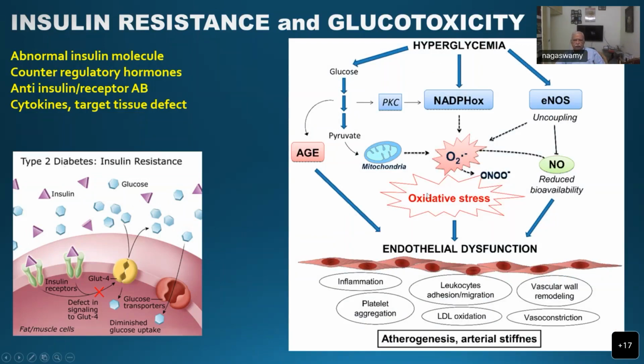This oxidative stress affects the endothelium and causes endothelial dysfunction, which results in inflammation, leukocyte adhesion, vascular remodeling, LDL oxidation, platelet aggregation, and gradually produces atherogenesis and arterial stiffness. So this happens in both the large vessels and small vessels. So it is mainly a micro and macrovascular defect that sets in.